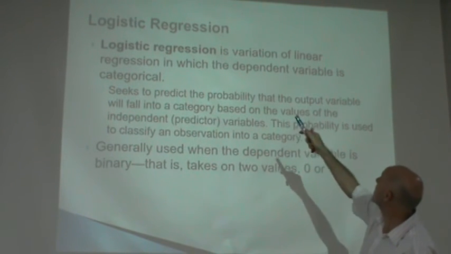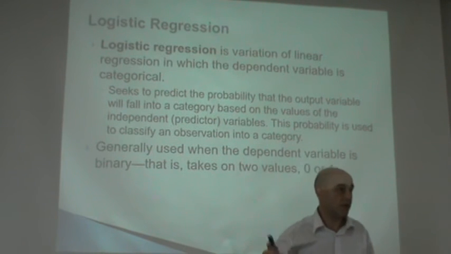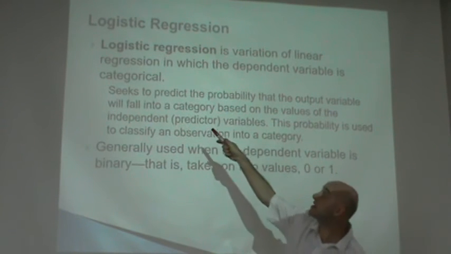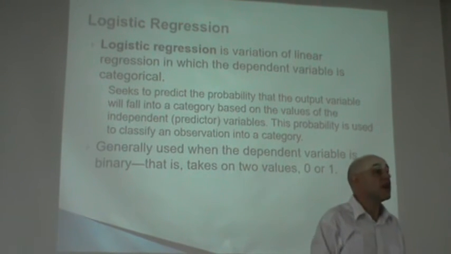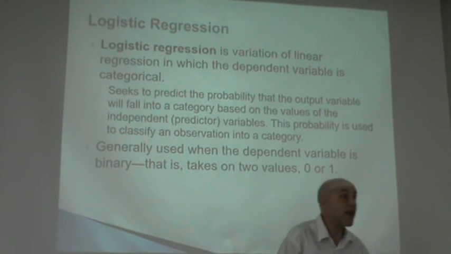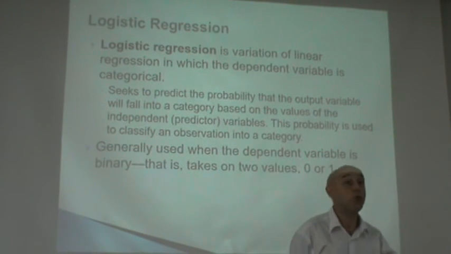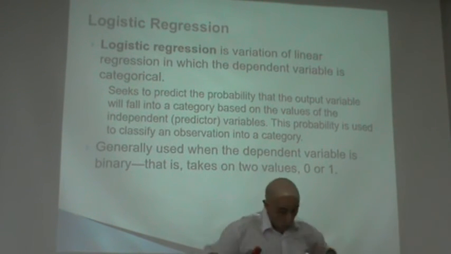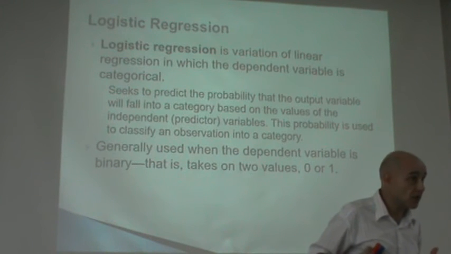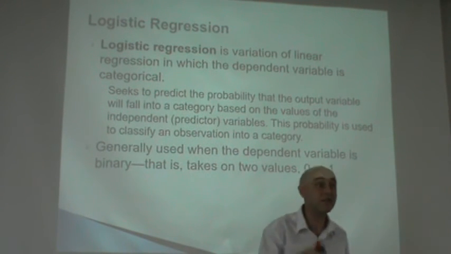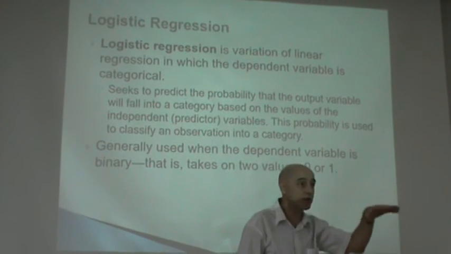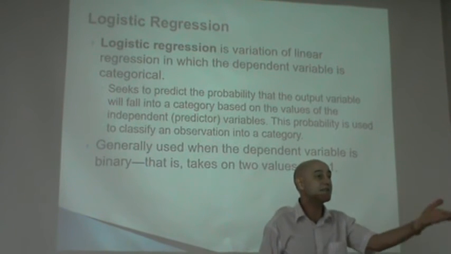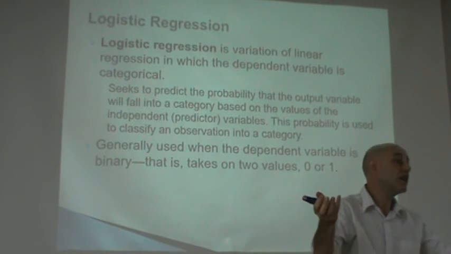Logistic regression is a variation of linear regression. It's a type of linear regression where the dependent variable is categorical. In a linear regression, you can have a standard variable like your GPA, 3.8, 3.9, or 2.2, or your weight, 60 kilograms, 42, 47, 58. So you can have a continuous variable, or a categorical variable like will pass the course, will fail the course.